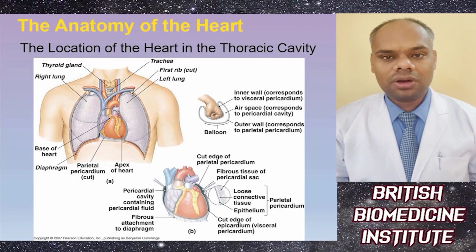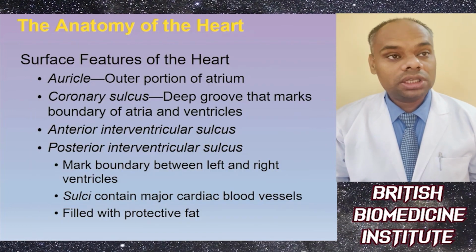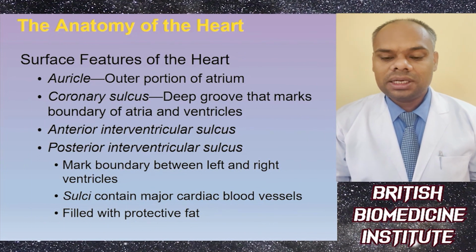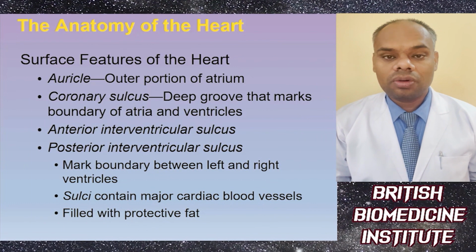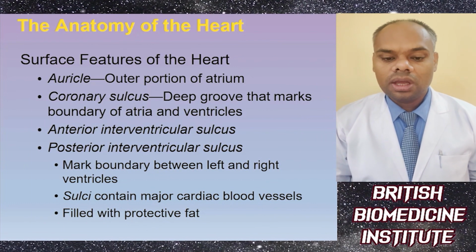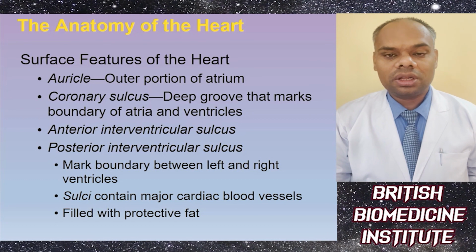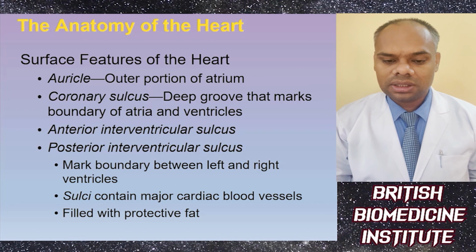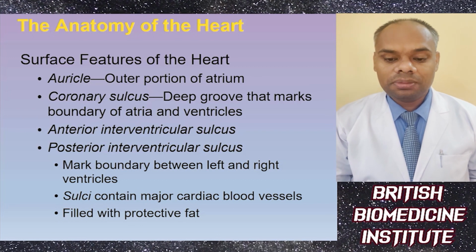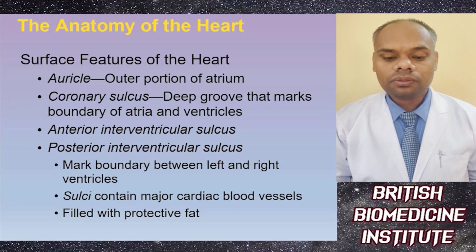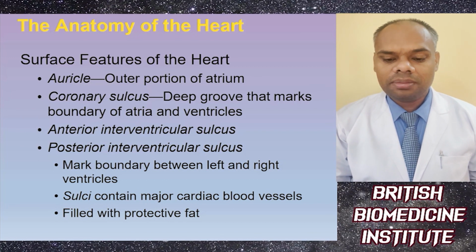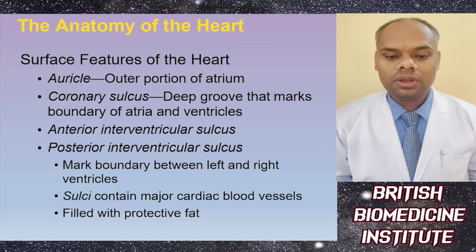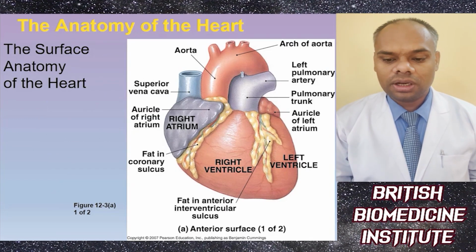The surface features of the heart are the auricle, which is the outermost portion of the atrium; the coronary sulcus, a deep groove that marks the boundary of the atria and ventricles; and the anterior interventricular sulcus and posterior interventricular sulcus, which mark the boundary between the left and right ventricles. The sulci contain major cardiac blood vessels and are filled with protective fat.